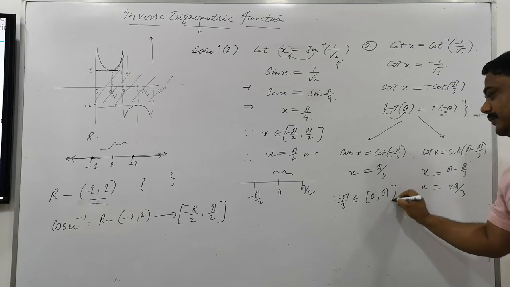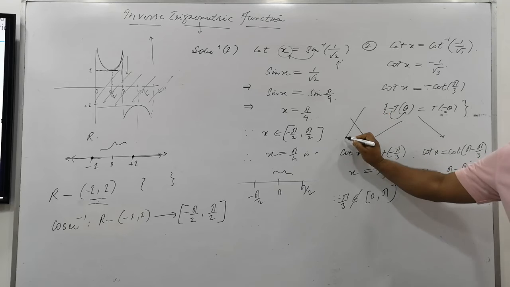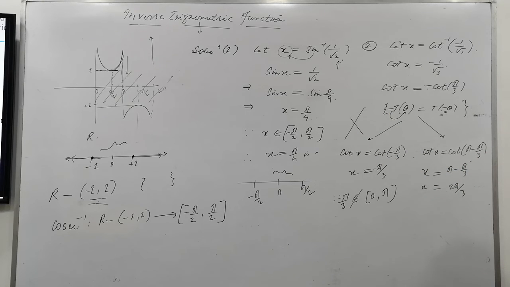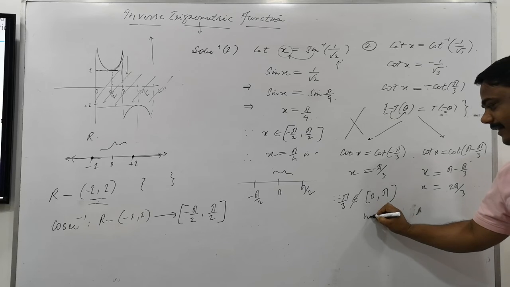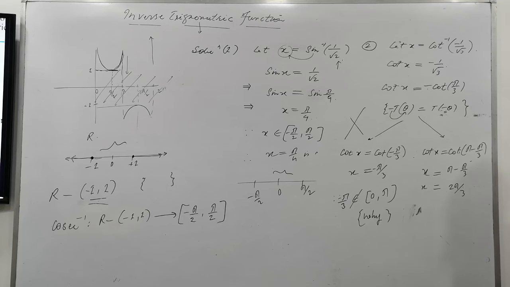does not belong to 0 to pi, this is not its principal solution, so you do not have to do this; you have to follow this. In the NCERT books, what is written here? You should think about why this is not a solution, using the previous knowledge of 11th class.